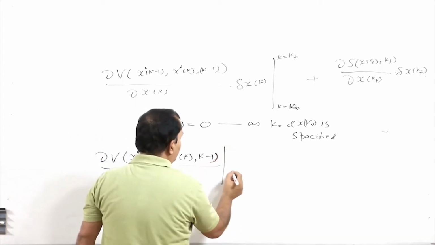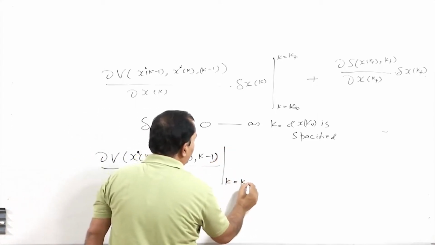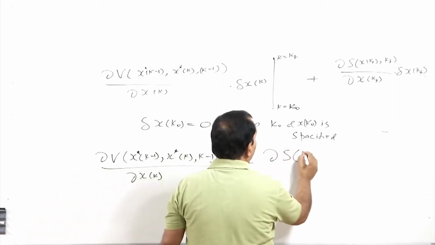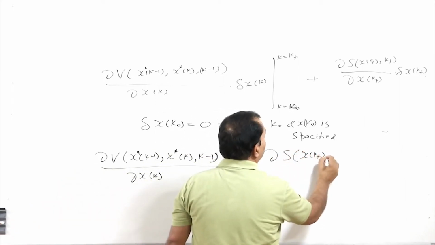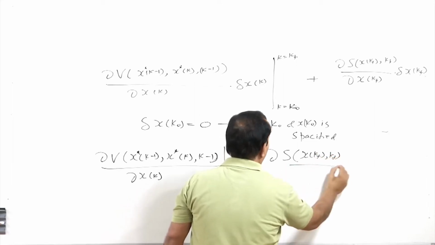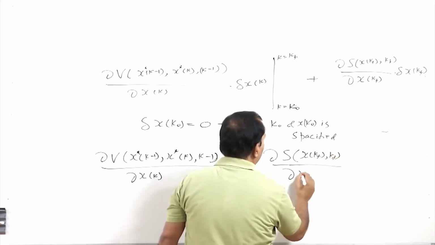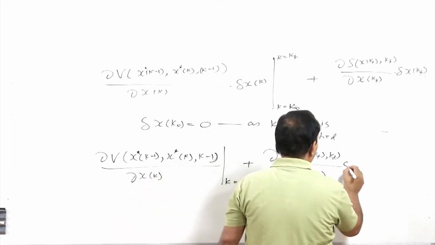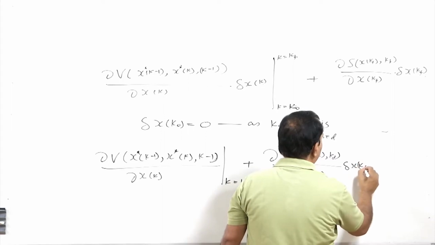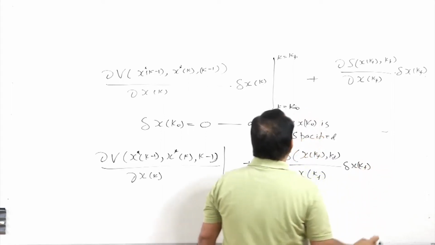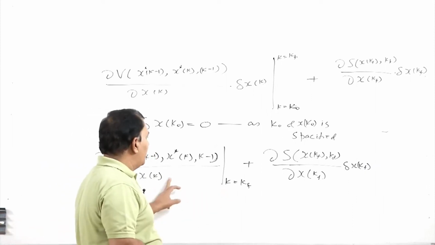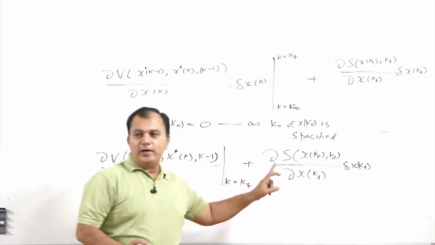So, this is evaluated only at k equal to kf, plus this delta s. Now at k equal to kf I am evaluating this, I am also evaluating that at k equal to kf.